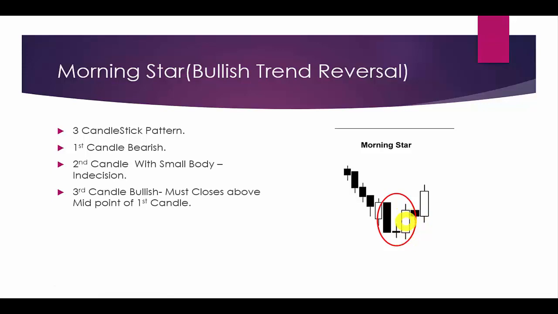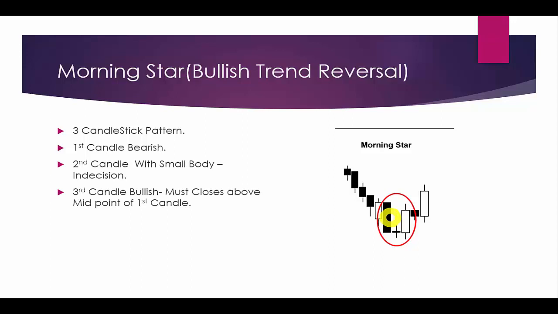So whenever we find a bullish candle, that is the confirmation that we have found the morning star candlestick pattern here, and this bullish candle should close above the midpoint of the first bearish candle, this black bearish candle.